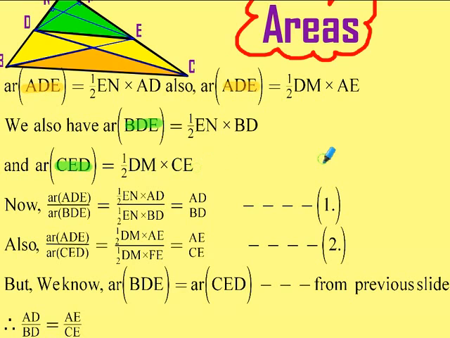Now we try to find the ratio of the area of triangle ADE with the area of triangle BDE, and also the area of triangle ADE with the area of triangle CDE. Let's see. Area of triangle ADE is half EN into AD. We found that here. Then upon the area of triangle BDE, which is half EN into BD, and we get AD upon BD.